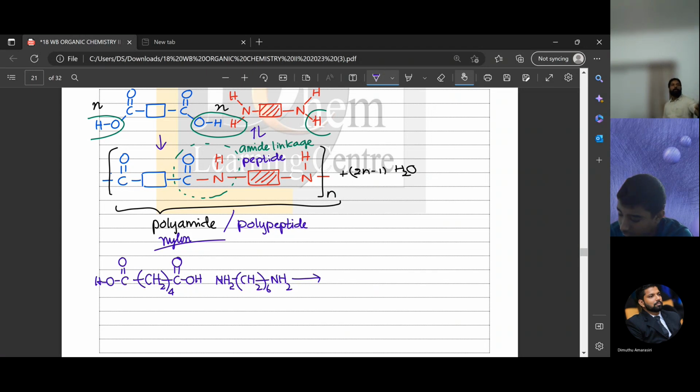These are the actual two compounds used in nylon production. These two are used to make nylon.